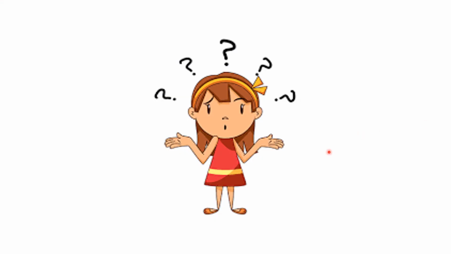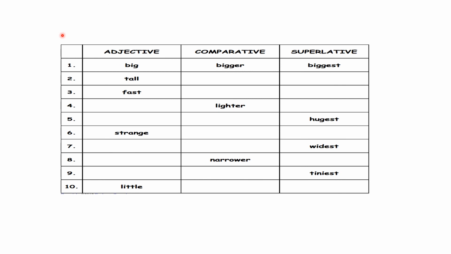Let us check whether the concepts are clear to you or not. Okay. This is a small chart. You have to do this exercise in your copy and we will discuss in Zoom class. Make this chart: adjective, comparative and superlative. Big, bigger, biggest, one is already given.